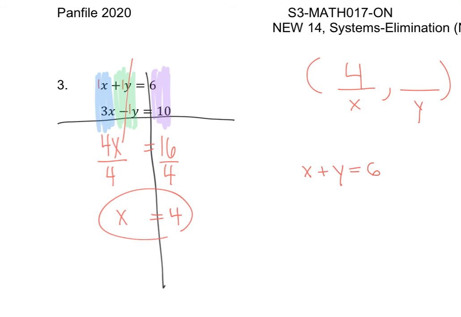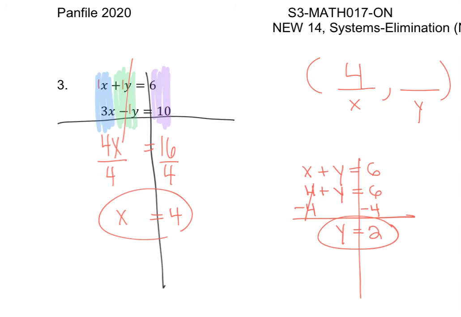X plus y equals 6. So it's 4 plus y equals 6. I subtract 4 from both sides. Those zero out and I get y equals 2. Place that in the second slot and my answer is 4, 2.